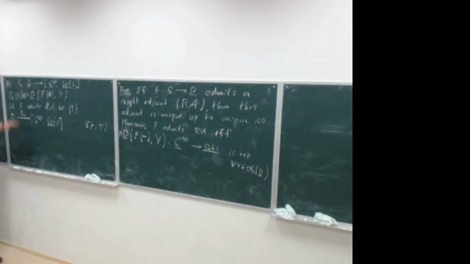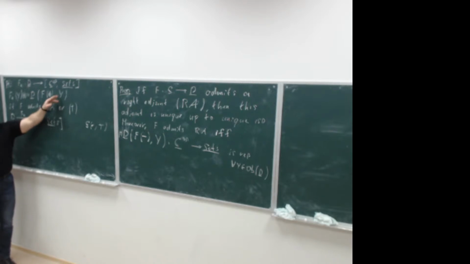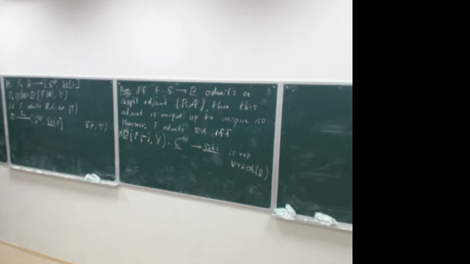Of course, here it is satisfied because if I know this admits the right adjoint, I move this here, and g of y will be exactly the representing object. So the image of this functor is in the subcategory of all representable functors.